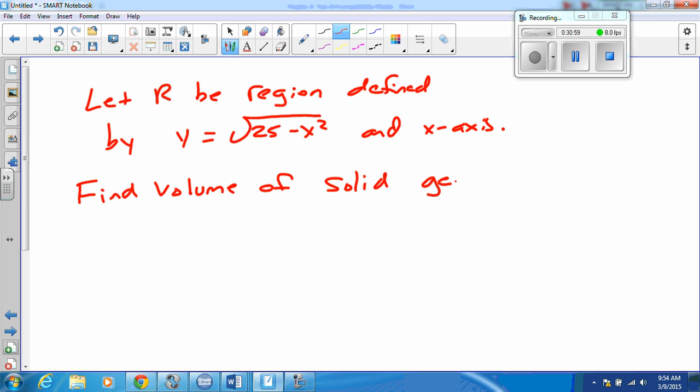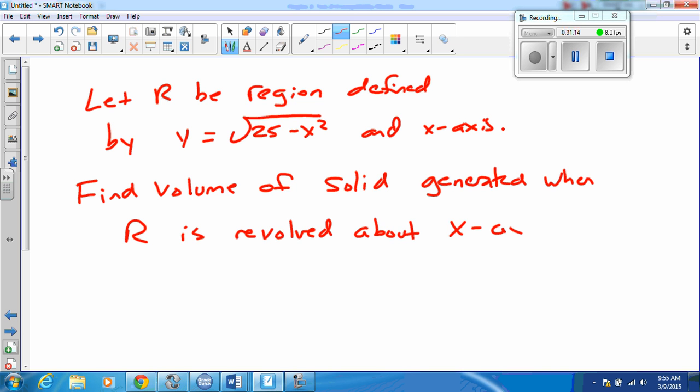And our goal now is to find the volume of the solid generated when R is revolved about the x-axis. Hint, what's the name of the shape of R?